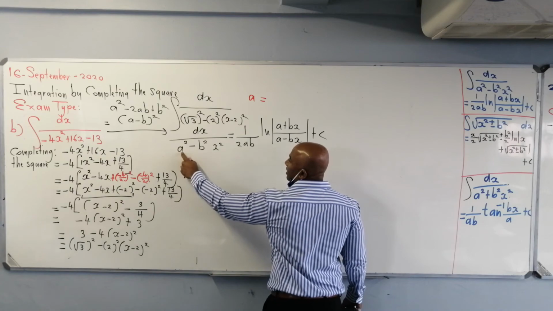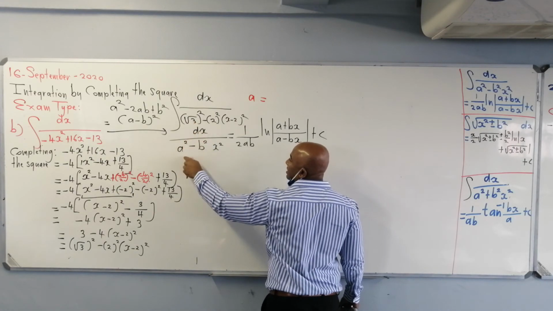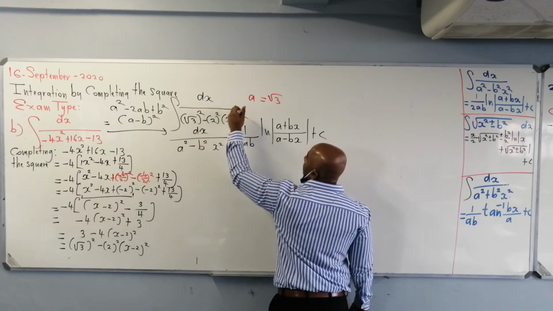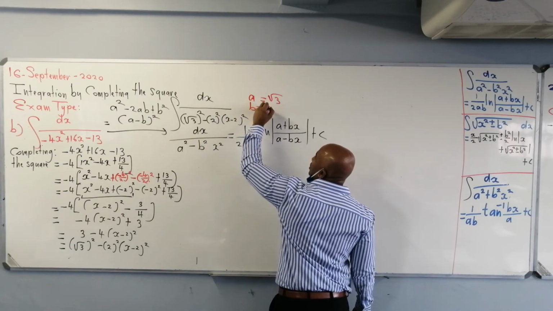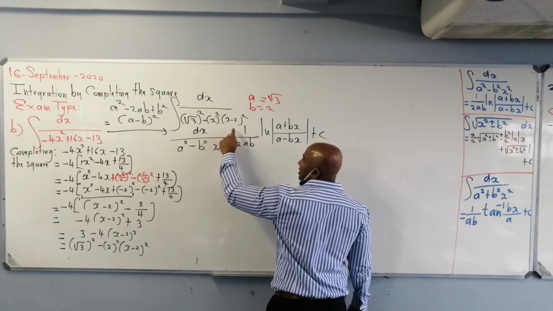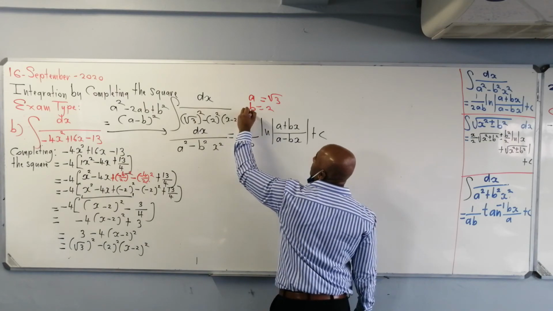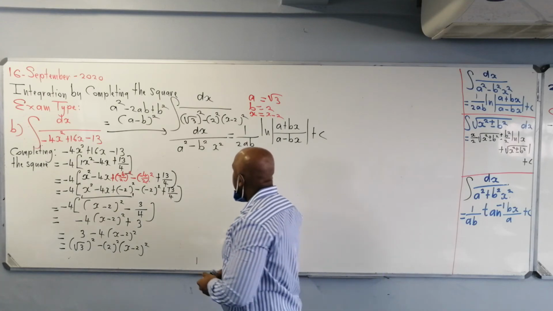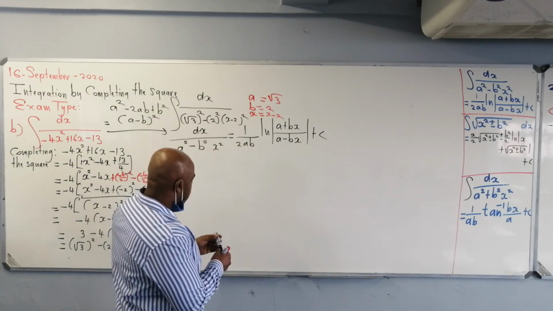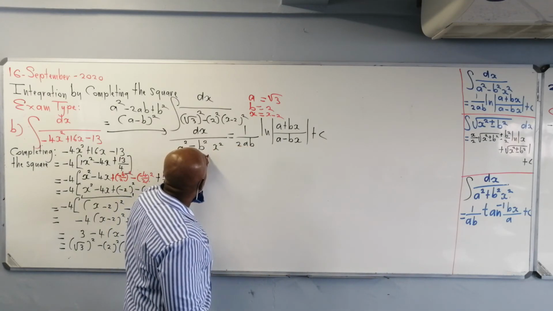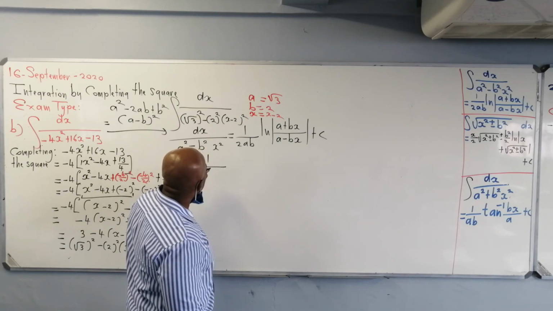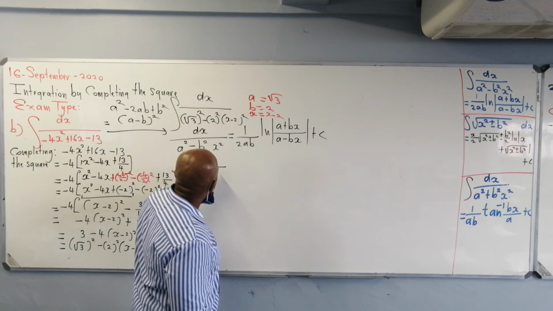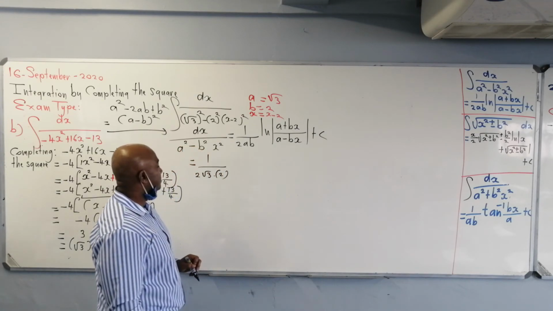Here's my a, you can see that, which is square root 3. There's the b here. So b is 2, and the x is everything inside the bracket there. So x is x minus 2. So now, this is equal to 1 over 2ab, so that's 2 square root 3 times 2.